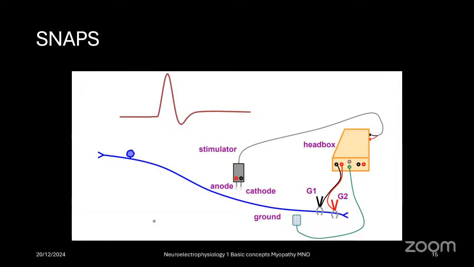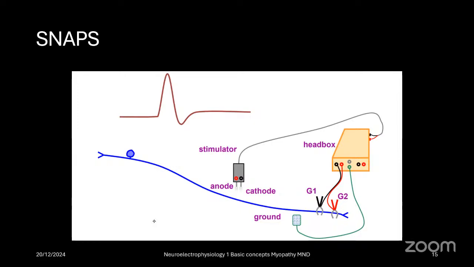And see, this is the stimulation. You can see the G1 electrode, G2 electrode, the anode and the cathode, and the sensory nerve action potential is stimulated. You increase the electric current slowly so that you get a good waveform.